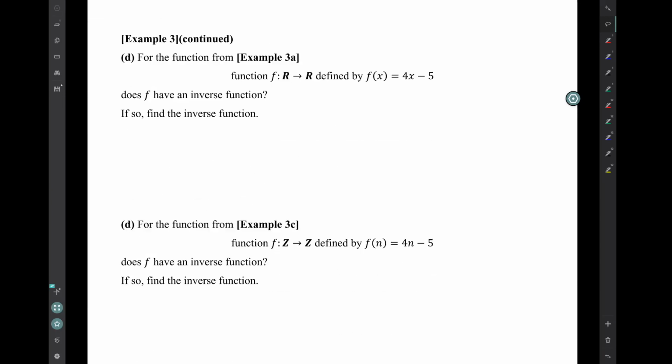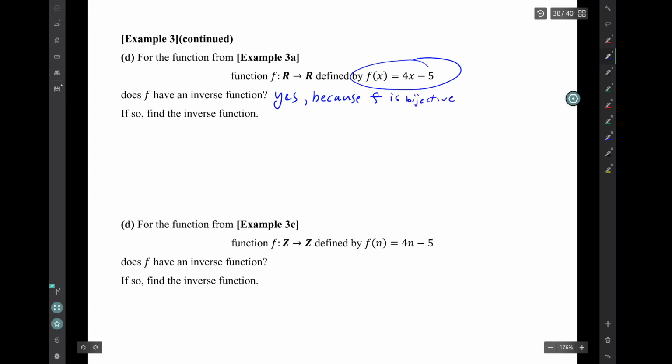Let's go back to our examples. We found that this function, f of x, is a bijection, so it has an inverse function. So our first question is, does this function have an inverse function? And yes, it does, because this function is bijective. Well, so how do we find the inverse function?